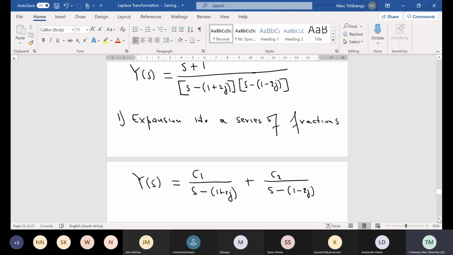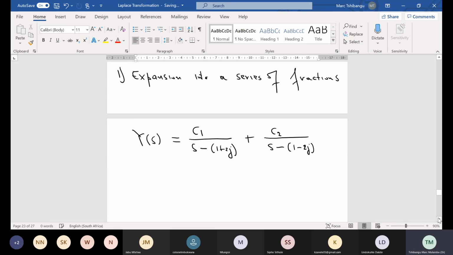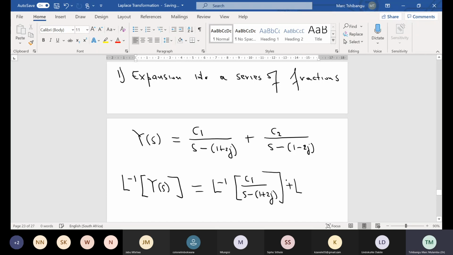If we skip step 2 and apply the inverse Laplace transform, we have the inverse Laplace transform of Y of s equals the inverse Laplace transform of C1 over s minus 1 plus 2j plus the inverse Laplace transform of C2 over s minus 1 minus 2j.